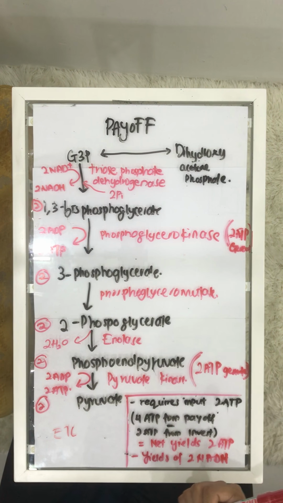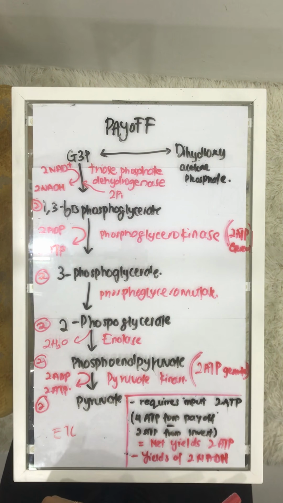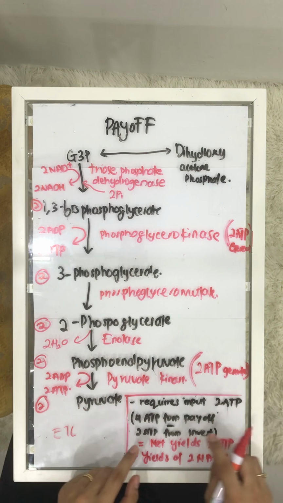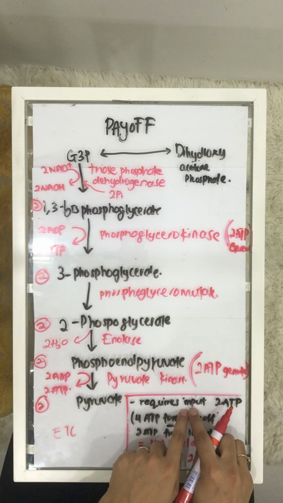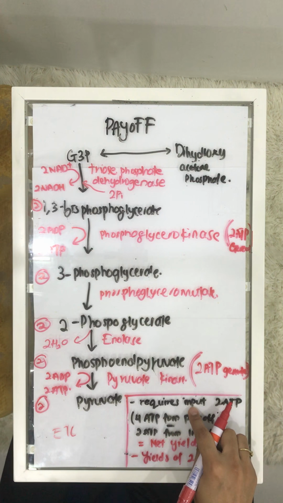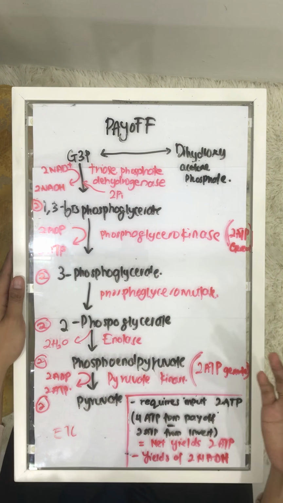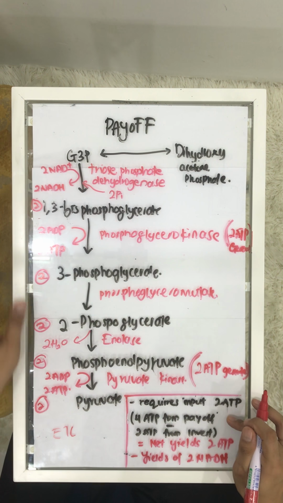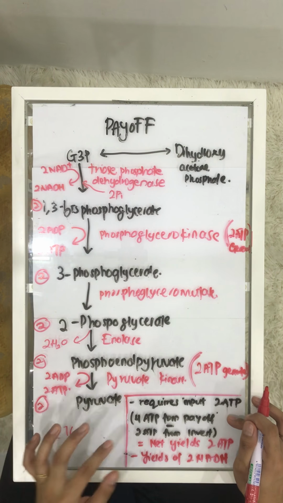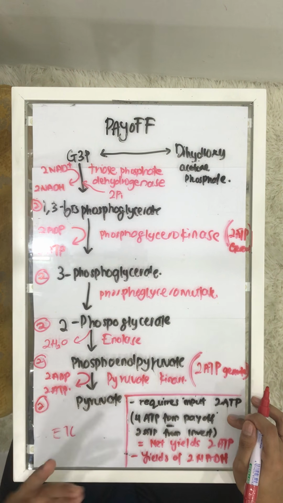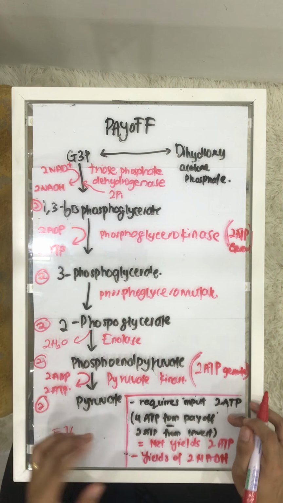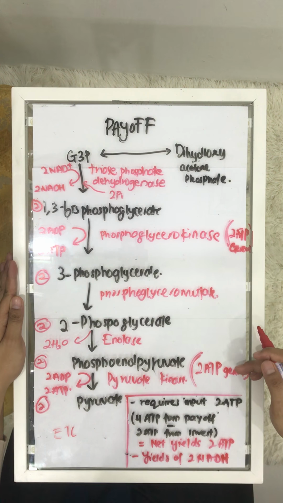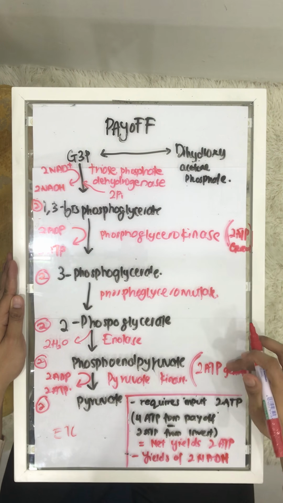So basically, as a summary of glycolysis, we can say that glycolysis requires 2 ATP input, which is in the investment phase. When we recap, in the investment phase, 2 ATP are being used, so the input of ATP is 2. So what is the balance remaining? If we look at the payoff phase, 4 ATP are generated, 2 plus 2 here.